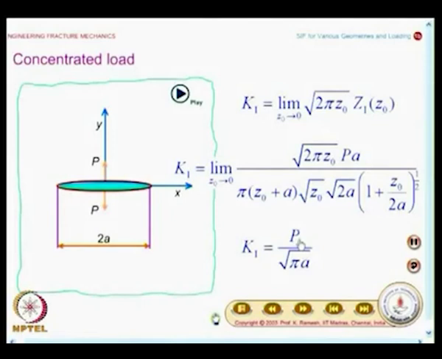What happens in this problem? I have K1 equal to p by root of pi a. So, when a increases, K is going to decrease. In fact, this is a very useful problem. Suppose I want to study my understanding whether the crack can close by itself, that is, crack propagates and stops by itself.